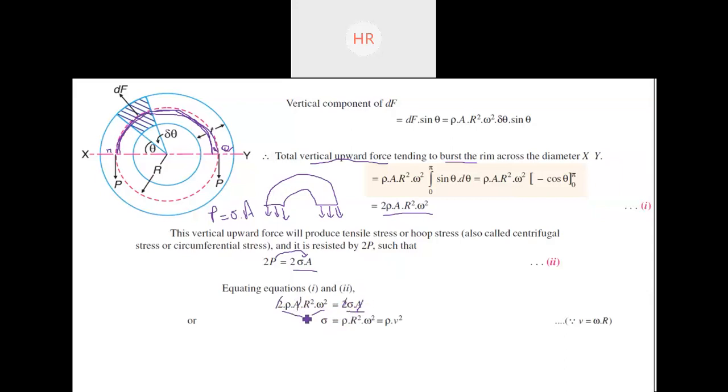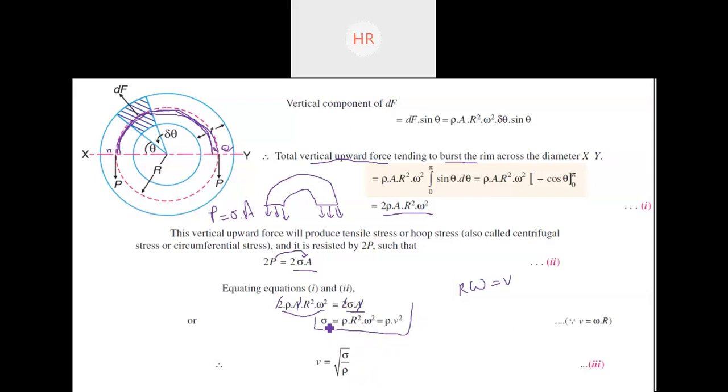So sigma is equal to rho R square omega square. Now we also know that R into omega is equal to V. So we can write sigma is equal to rho, meaning density, into V square. If you rearrange the terms, you can also write the relation velocity is equal to square root of sigma by rho. These equations we will use in solving examples.